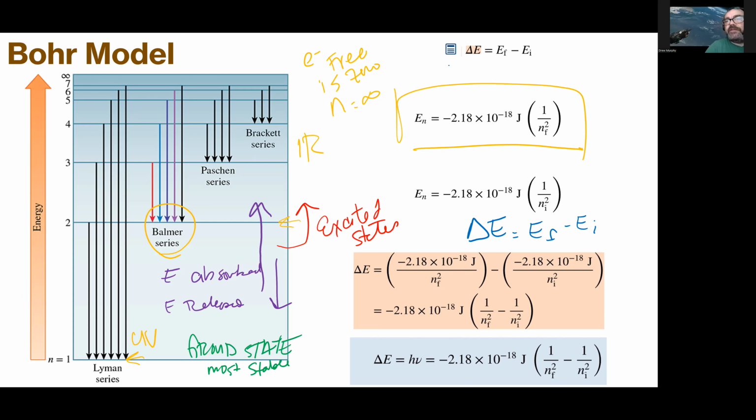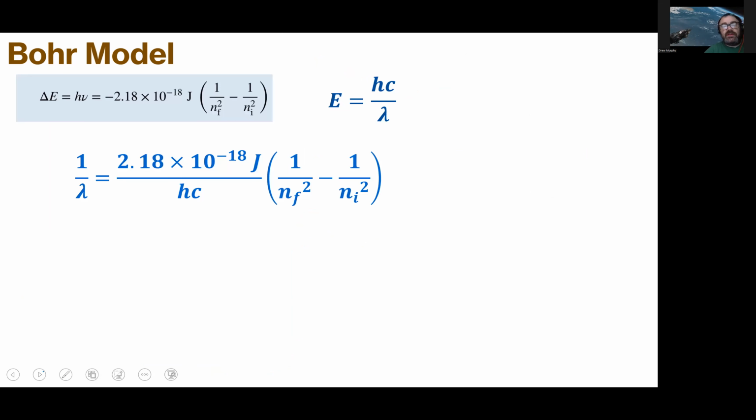Okay, all right, so ultimately, we have come up with this equation to help us figure it out. So the change in energy, remember, energy is Planck's constant times the frequency. And if we substitute in Planck's constant and the speed of light, we can solve this for wavelength.